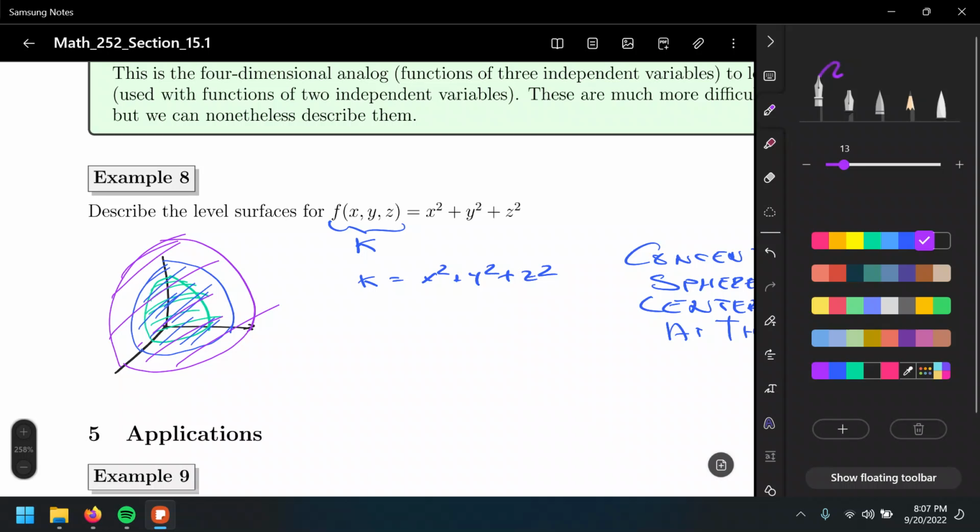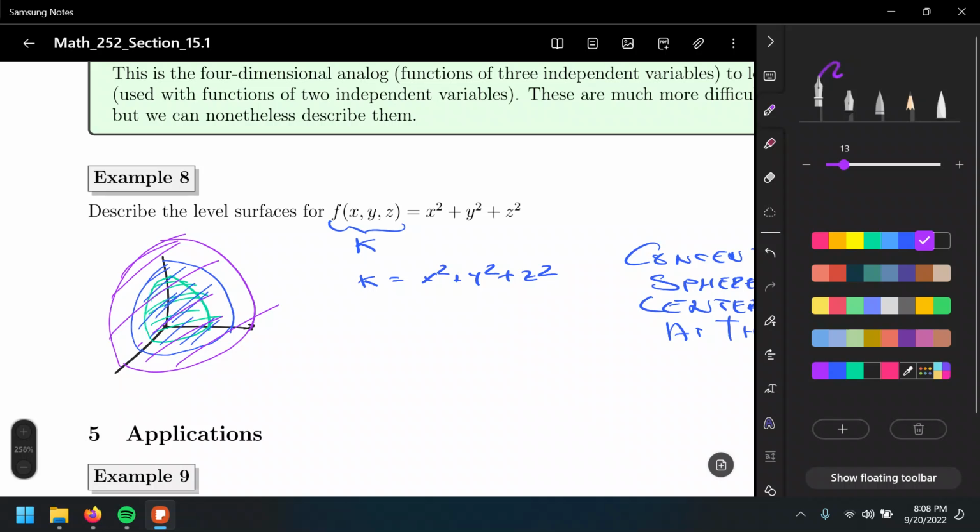So for k equals 5, for example, I have a Darth Vader here, right? For k equals 4, one smaller surface inside of a surface, the Stormtrooper. And then k equals 3, Boba Fett, and so on, right?